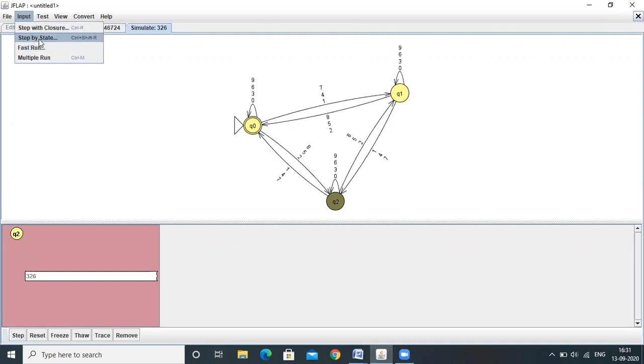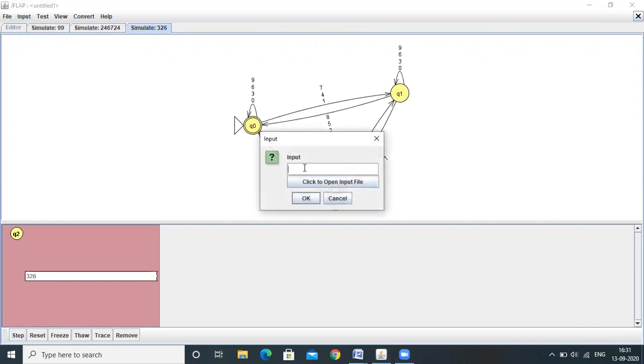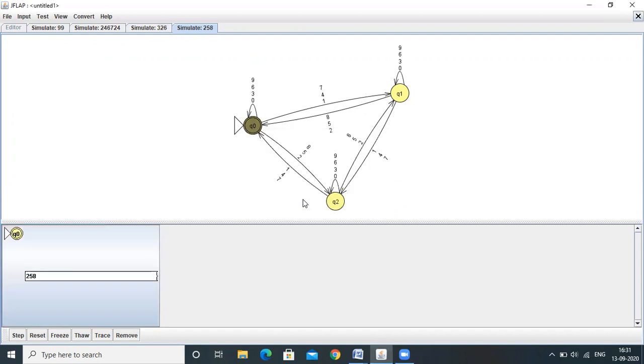Let's take another input: 258. Q0 on 2 goes to Q2. Q2 on 5 goes to Q1. Q1 on 8: finally it reached the Q0 state. 258 is divisible by 3. This is the automata which will accept all the numbers which are divisible by 3.